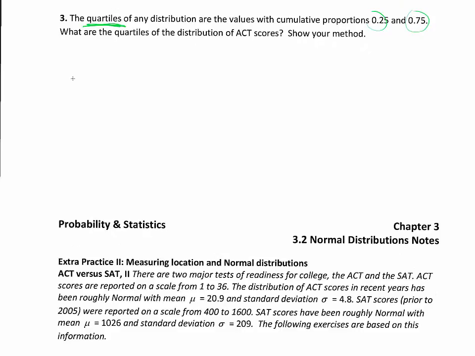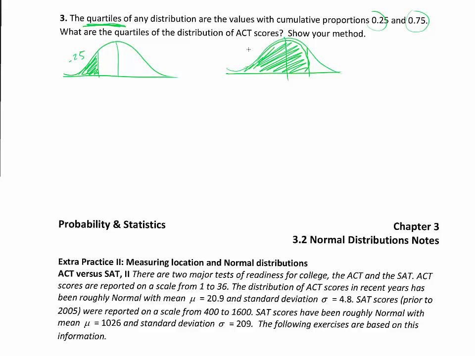So if we draw a little picture, here's our middle, 0.25 is somewhere like right here. If we were looking at the 3/4, that will be somewhere right here. So this would be 0.25 or 25%. This is 0.75 or 75%.